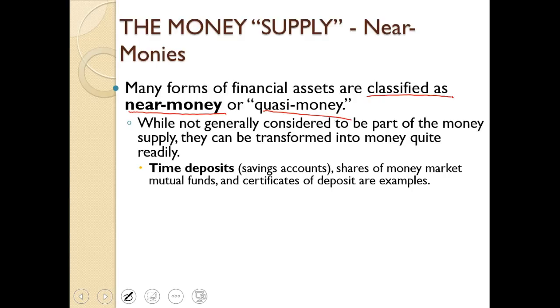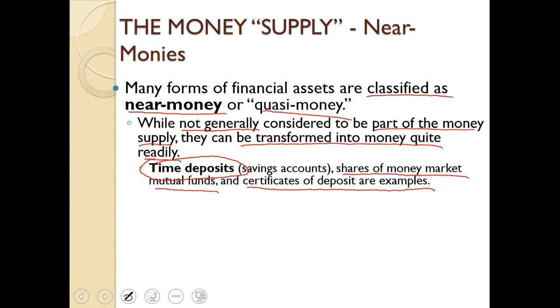While not generally considered to be part of the money supply, they can be transferred into money quite easily. So, first one we have is time deposits. These are going to be your savings accounts. Shares of money market, mutual funds, and certificates of deposits are examples.